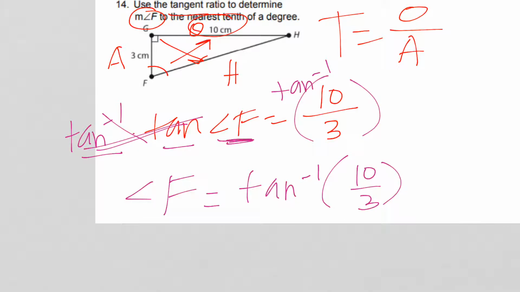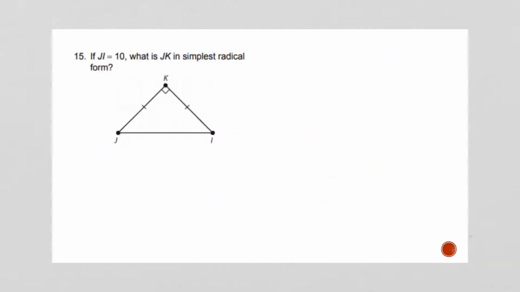From here, you're going to type it into the calculator. Once you type it in, you're going to get that angle F measures 73.3 degrees.